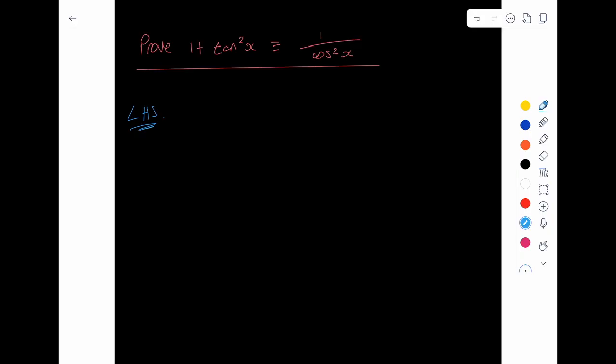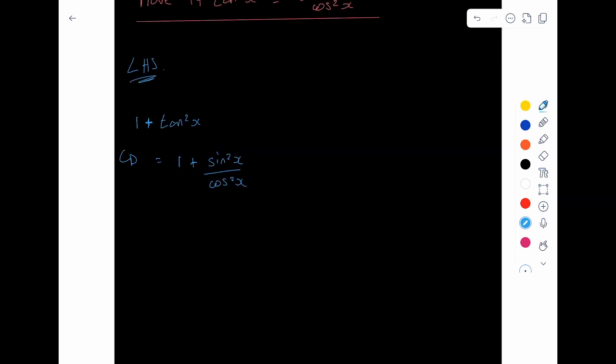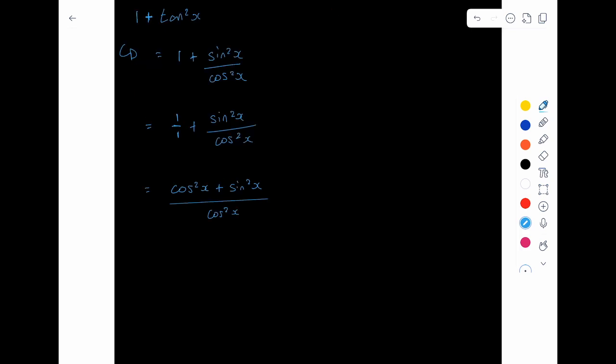Unpacking this then, we get 1 plus sine squared x over cos squared x, which then, using the common denominator of cos squared x, gives cos squared x plus sine squared x over cos squared x. But now there's another issue. Can you see it?